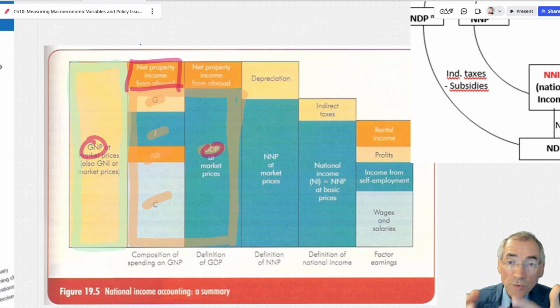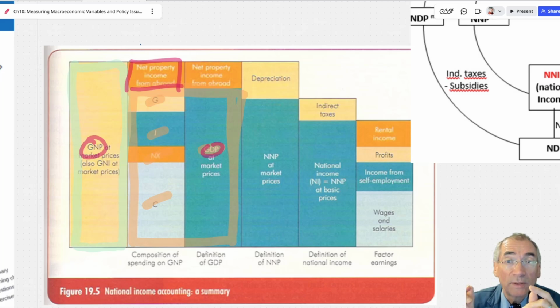In the gross national product, we want to measure the income of everyone, all the people and firms who are registered within that country. Whereas the gross domestic product measures everything that is produced, or the values that are produced within the country's boundaries.